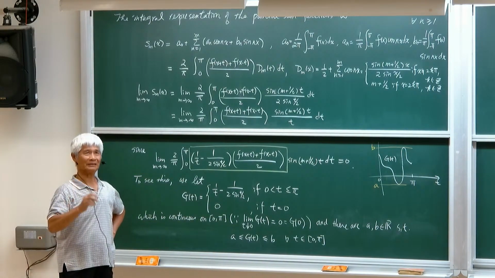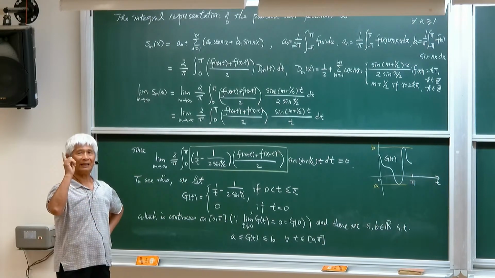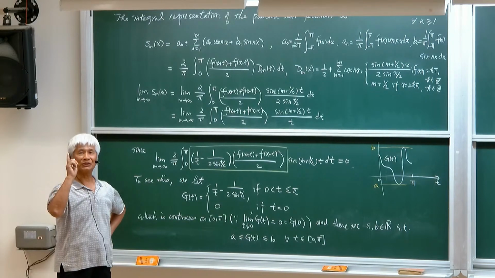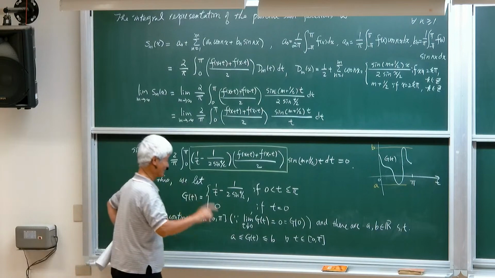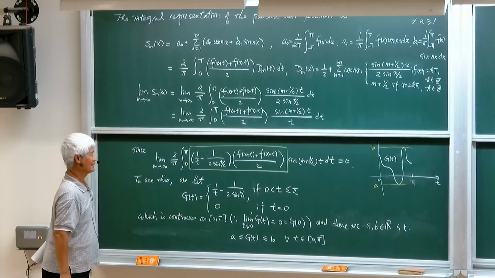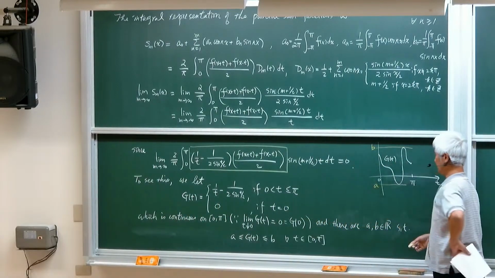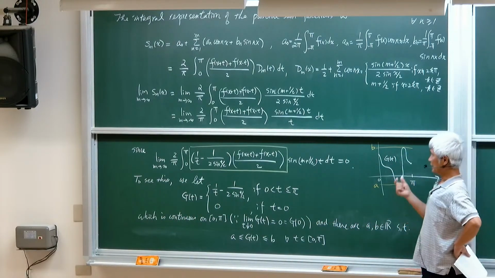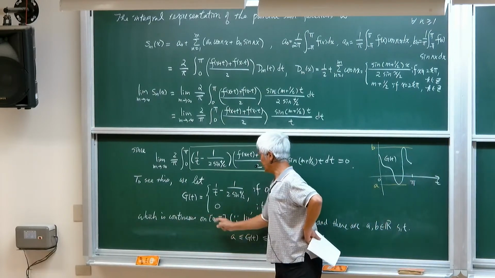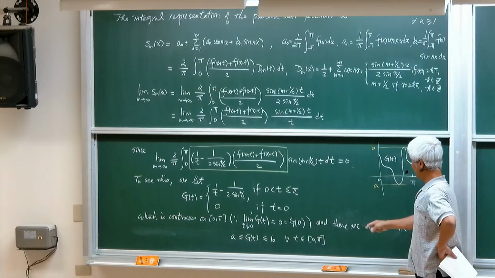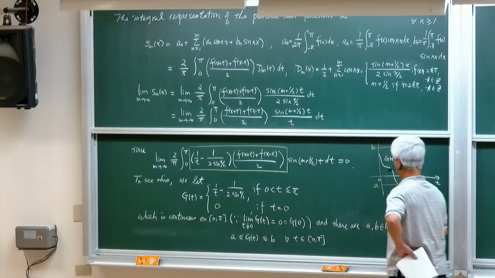Boundedness theorem, I think it's not a good name, because I know there's one name which is very good, but I forgot right now. Anyway, this is a fundamental property about a continuous function on a finite closed interval like here, 0 to pi, and so it has a maximum and also a minimum.